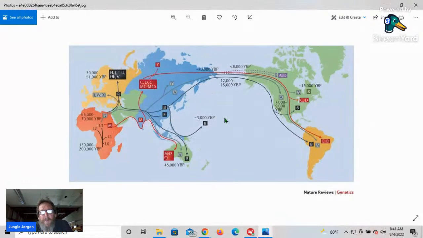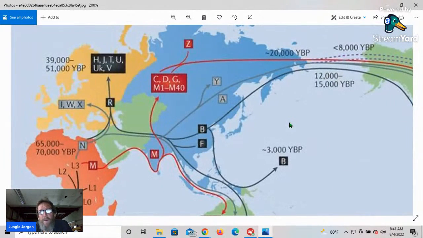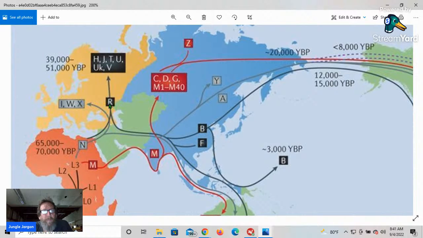This is the mitochondrial migrations. There's two separate Semitic lineages of mitochondrial DNA, which are the descendants of Shem's wife and daughters.